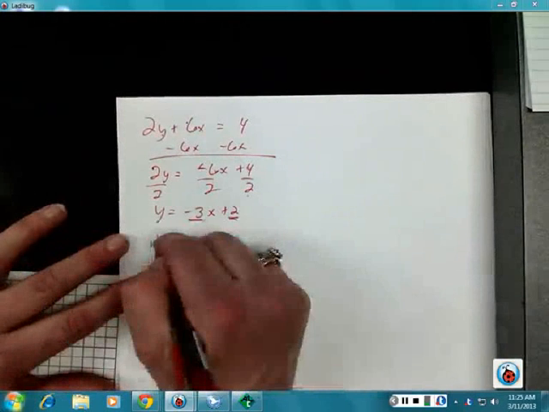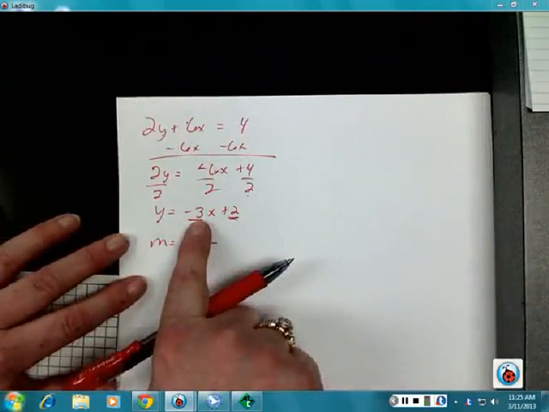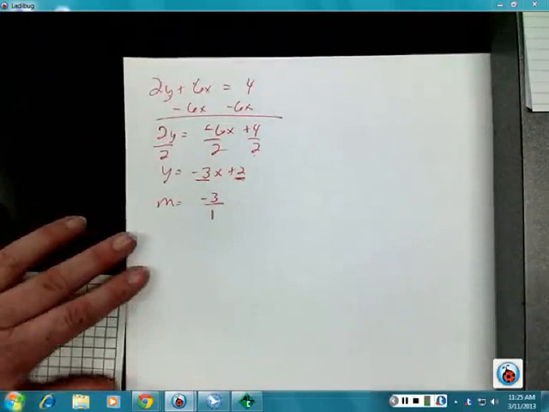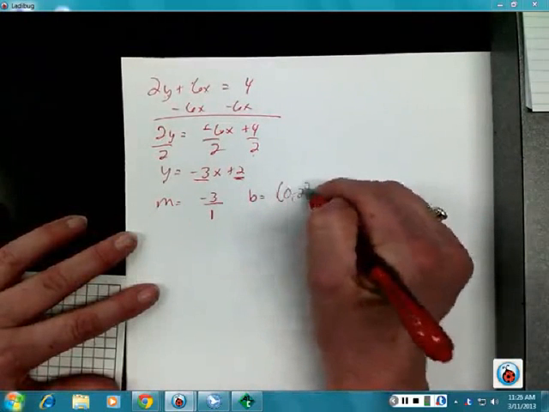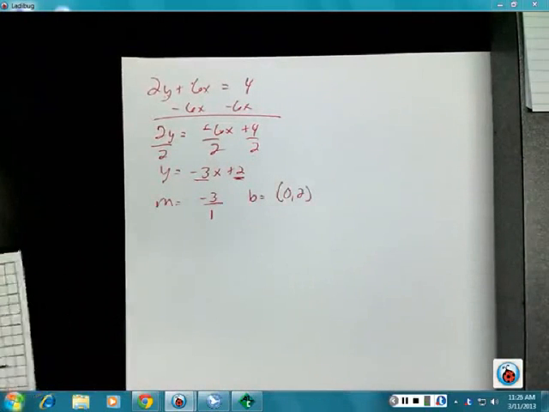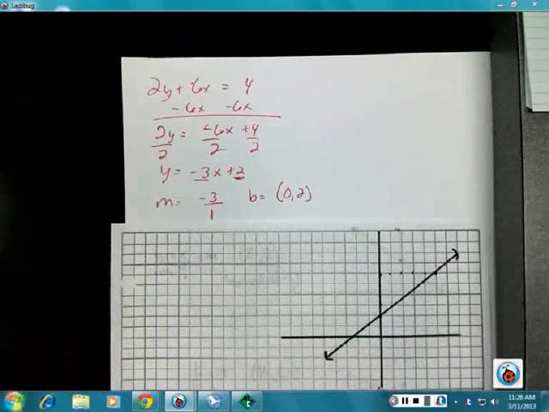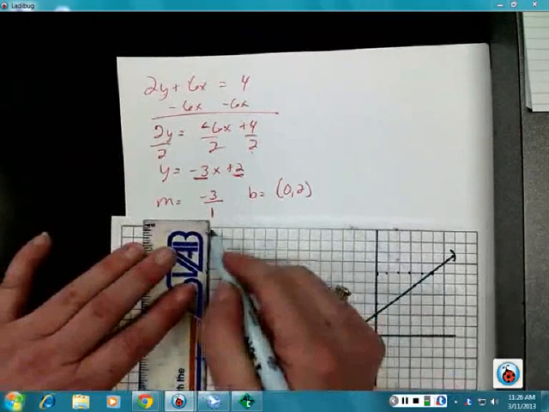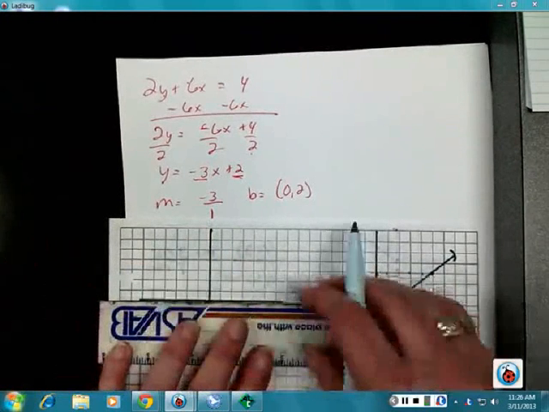So my m is a negative 3. Now notice it doesn't have a number under it, but I can make it a fraction just by simply putting it over top of 1. And I can find my b, which is my intercept, which is 0, 2. And then I can end up taking those two and plotting them on my graph. And again, in Hawks, you will not have to draw your graph. All you will have to do is find your intercept.